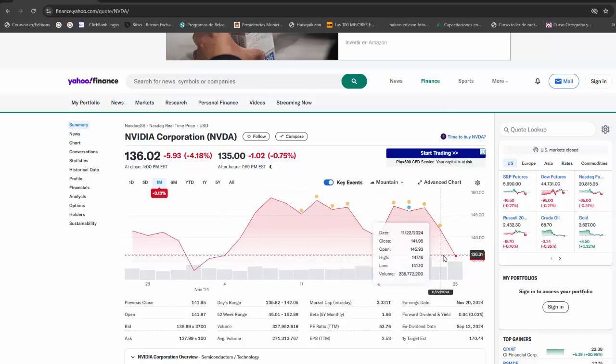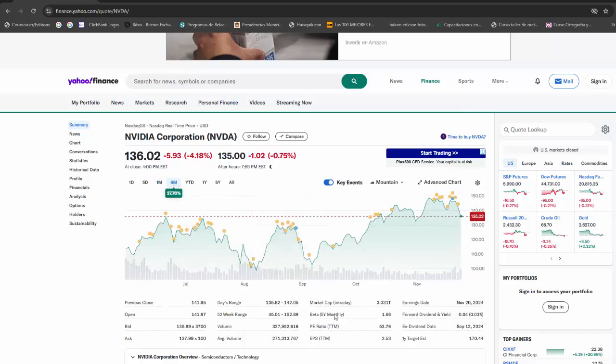You might think that it's going down, so you would need a larger time frame. And 6 months is much more interesting. As you can see, the graph shows that Nvidia has been going up and to the right, which indicates that it's in an uptrend.